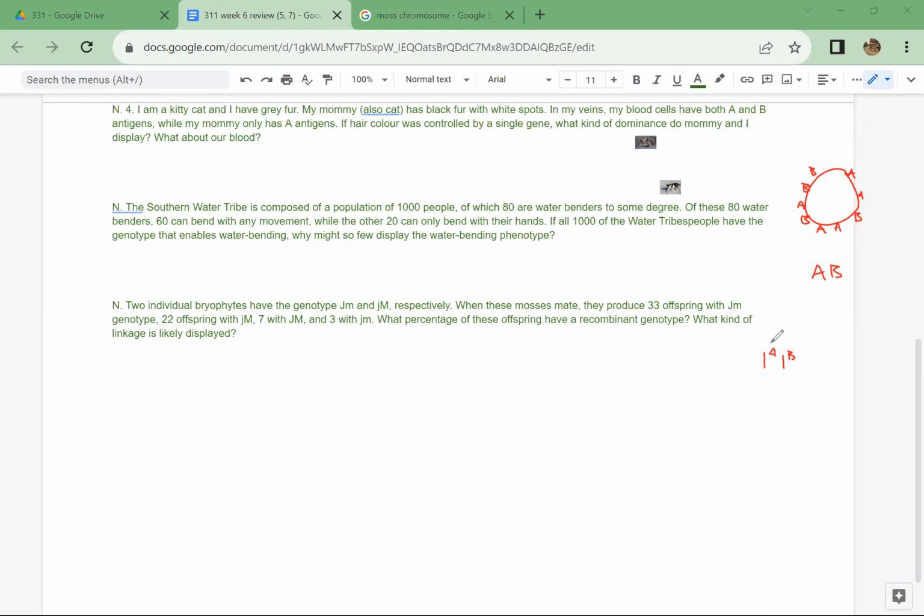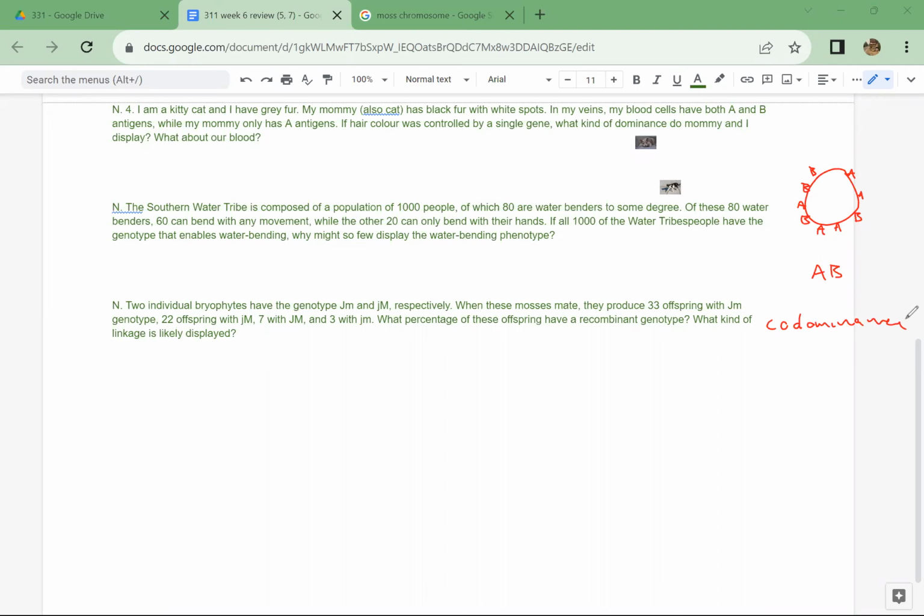So we have this A allele that is producing A antigens, and we have this B allele that is producing B antigens in their dominant state. And so a coexistence of traits in their dominant state is probably codominance. Blood type is a really well-worn example for codominance.